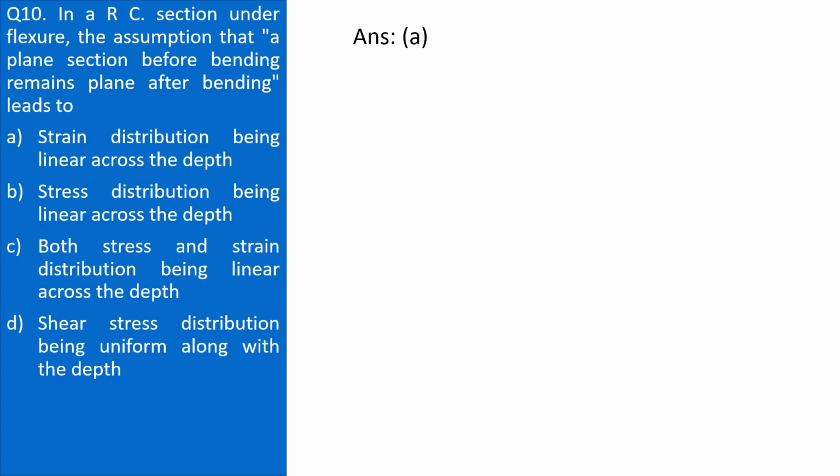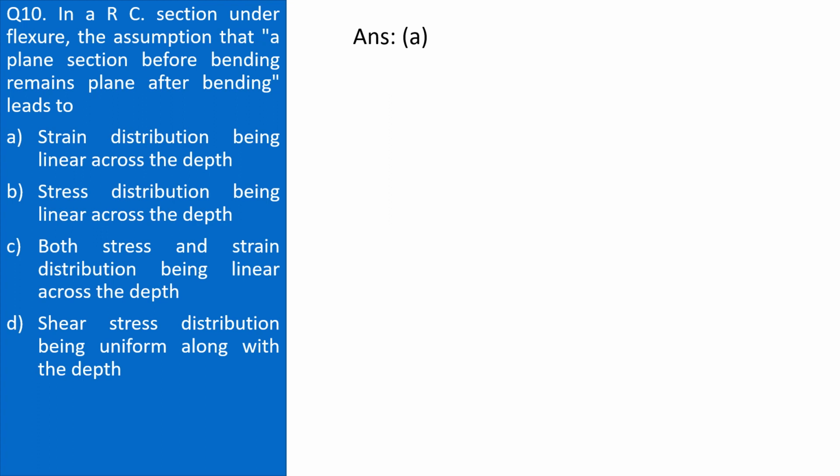Last question. In a RC section under flexure, the assumption that a plane section before bending remains plane after bending leads to option A, strain distribution being linear across the depth, stress distribution being linear across the depth, both stress and strain distribution being linear across the depth, shear stress distribution being uniform along the depth.